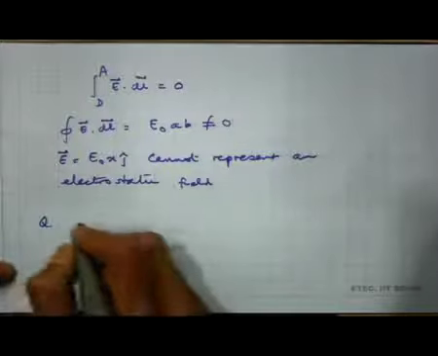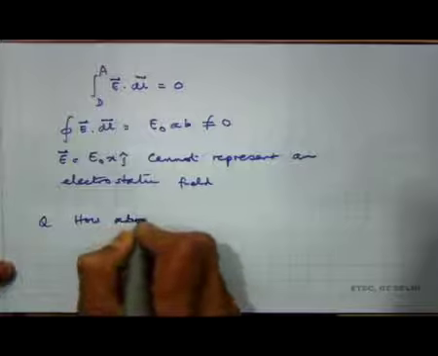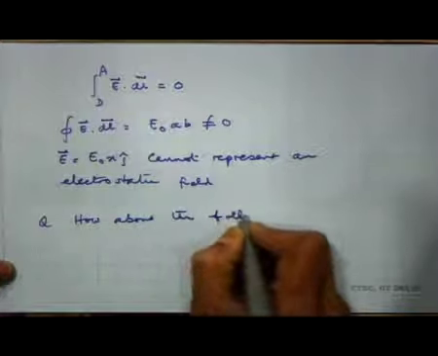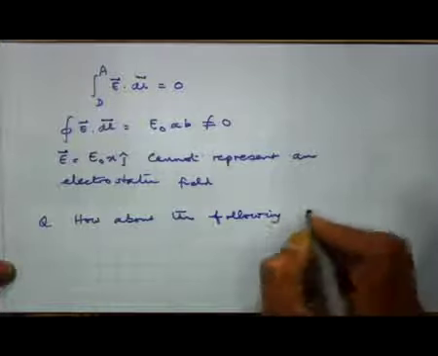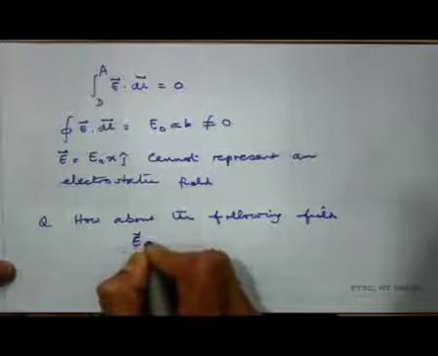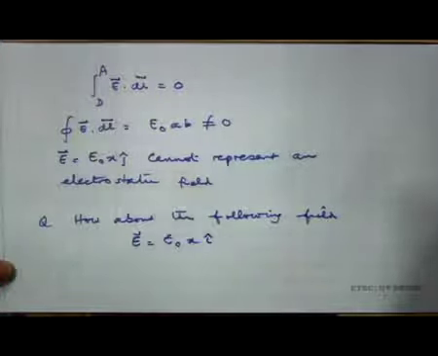Now, I will leave a question to you: how about the following field? E is equal to E naught x i cap.